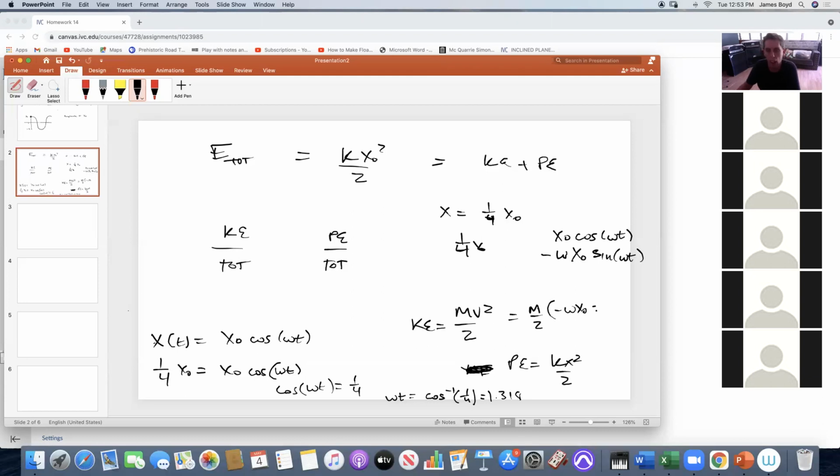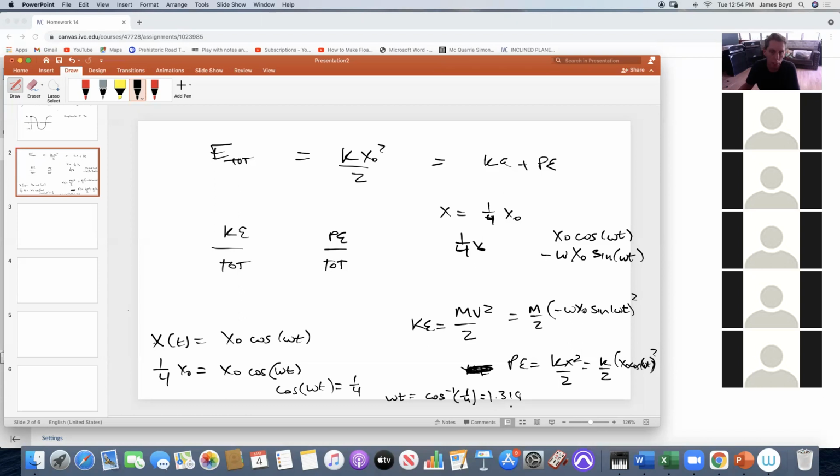And once I have that, I can find this, because this one would just be negative omega x naught sine omega t, all squared. And this one would be k over 2 x naught cos omega t, everything squared.